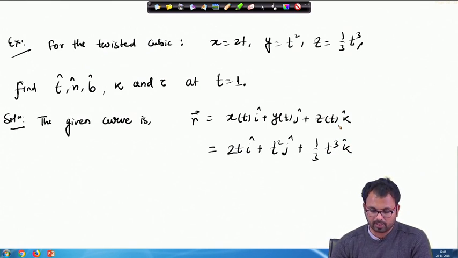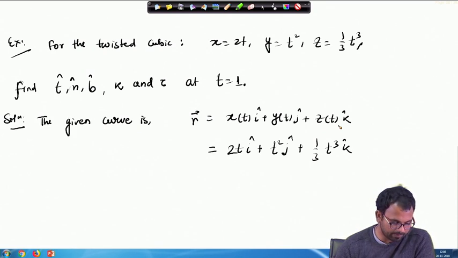So, first of all we have to calculate T cap. In order to calculate T cap, we will first differentiate with respect to t.